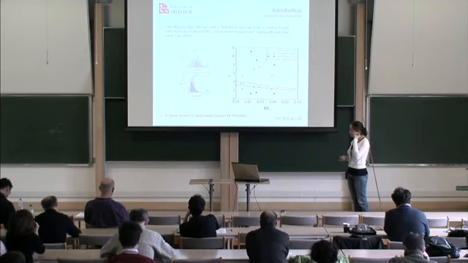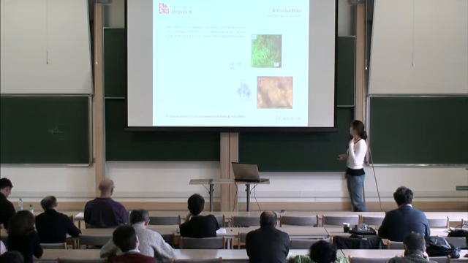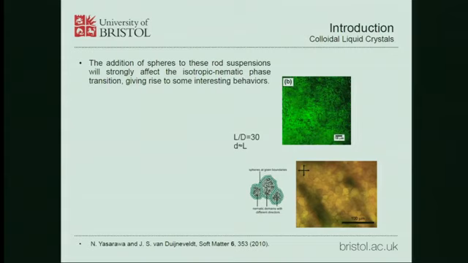Another thing that we do is mix them with spheres. Here are pictures of mixtures of rods and spheres. In this case, the rods are dyed, and that is what you can see here, the rods. But depending on the concentration of the mixture, you can get funny things like this.